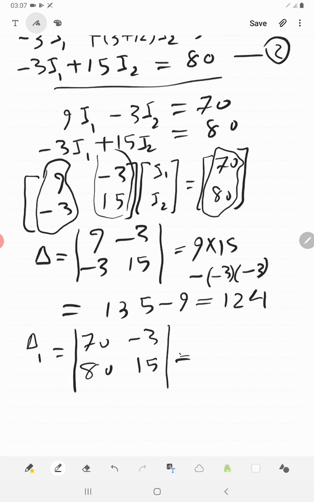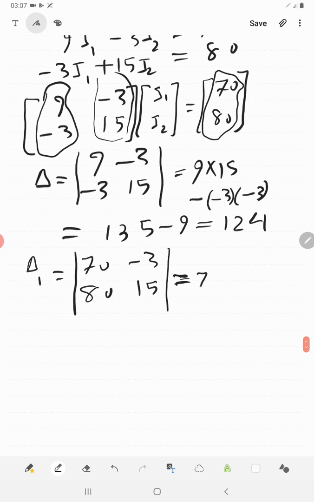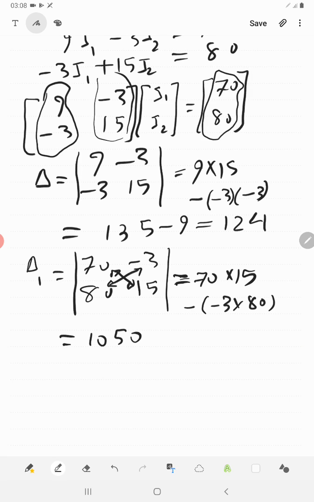So this will be 70 times 15, minus minus 3 times 80. 70 times 15 is 1050, and minus times minus is plus, 3 times 80 is 240. So this will be 1290.